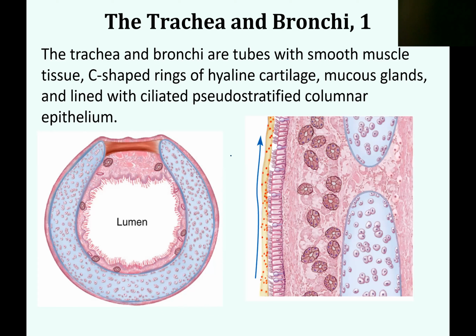Okay, so the trachea and the bronchi are tubes. They have smooth muscle tissue. You can see some of that here. There's also smooth muscle tissue. There we go. In here.